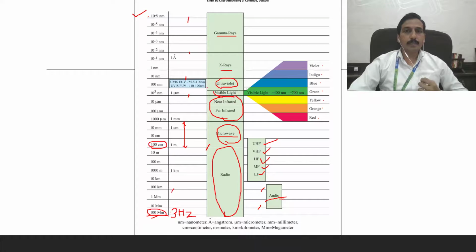And X-rays can be used in medical applications to take X-rays of our bones, of our body, to detect, say, kidney stone kinds of diseases. We can prefer to use X-rays. Gamma rays also have their own variety of applications. So this is the complete spectrum.